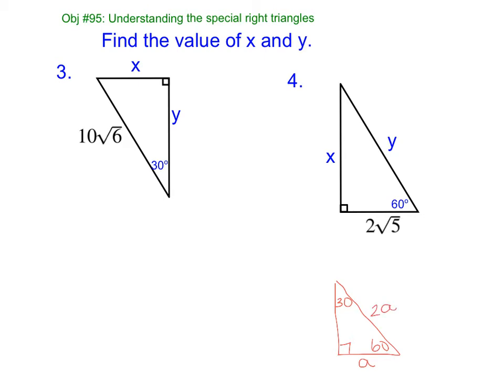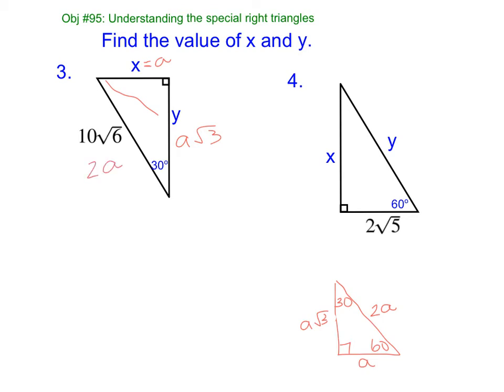And across from 60 is A root 3. Right? So across from 30 is A. So this is our A. X is A. Across from 60, that's this one, is A root 3. Did I write A root 30 over here by accident? It's A root 3. And then this is 2A.